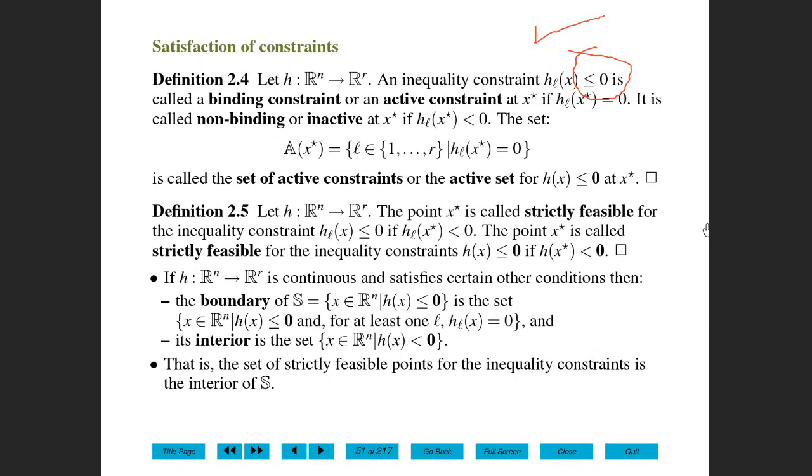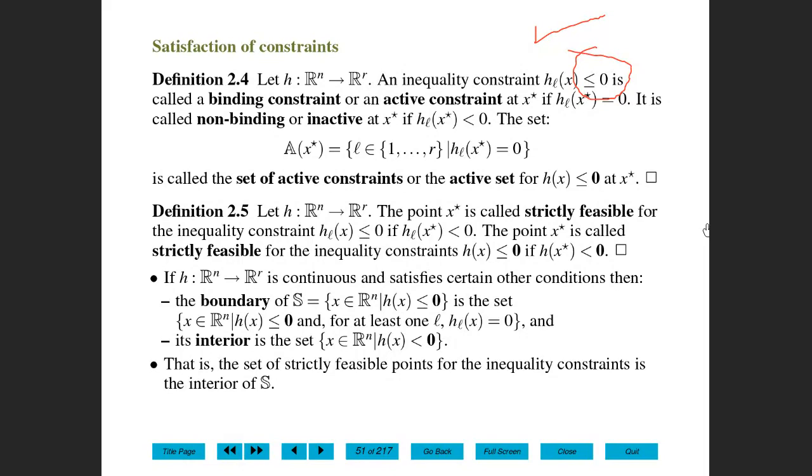So the active is equal to binding. And inactive is the same as non-binding, right? And one more thing, this is also what we say is strictly feasible.